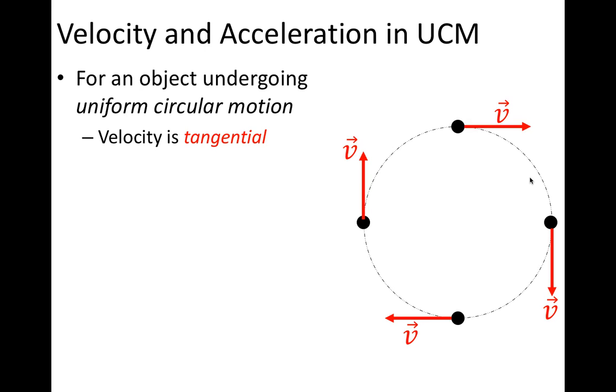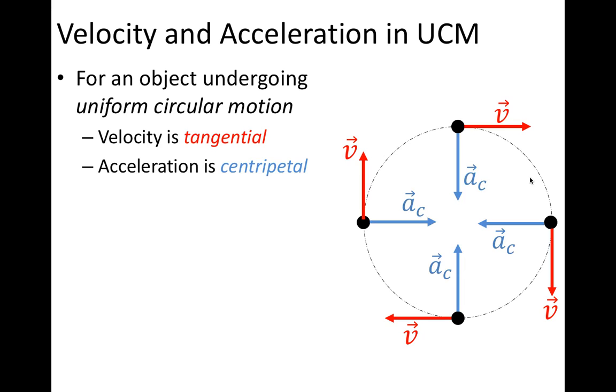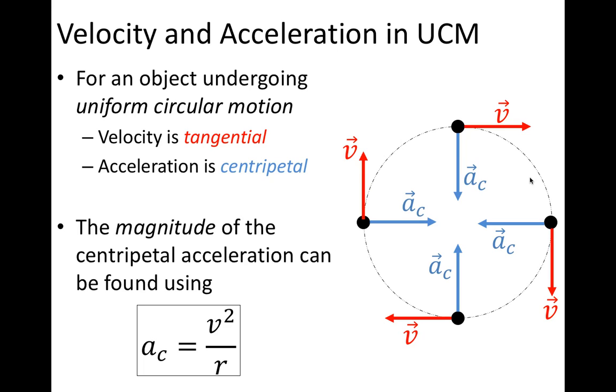And if we have an object rotating clockwise, we can draw in some velocity vectors for 4 different points. These velocity vectors always point tangential to the circle. The acceleration is always going to point radially inward, aka centripetal. Okay, the acceleration for an object undergoing uniform circular motion will always be directed towards the center of the circle.